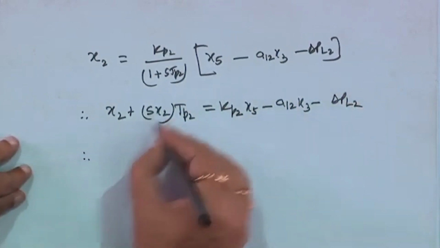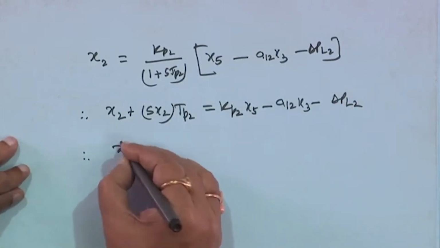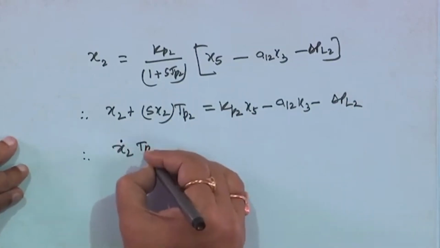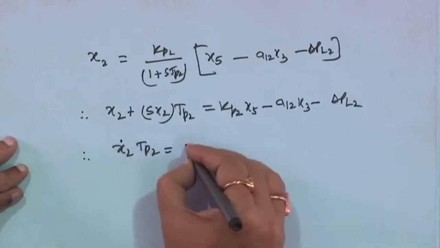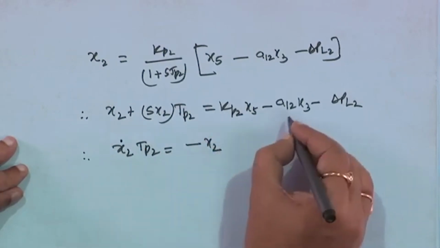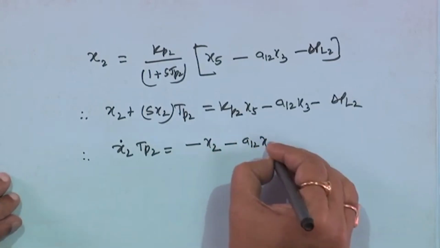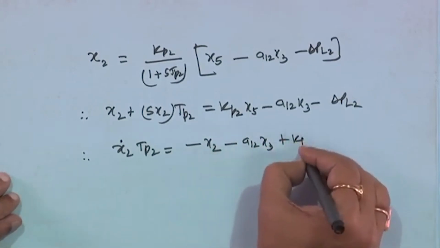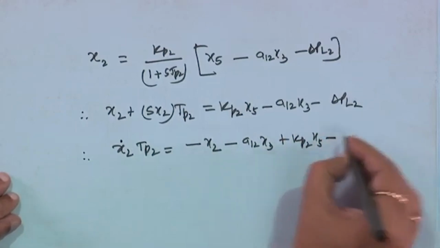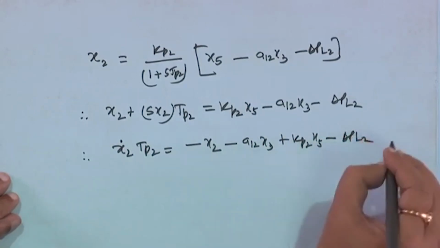That means s x2 is x2 dot. So x2 dot Tp2, taking x2 to this side, minus x2, then a12 x3, plus Kp2 x5 minus delta PL2.